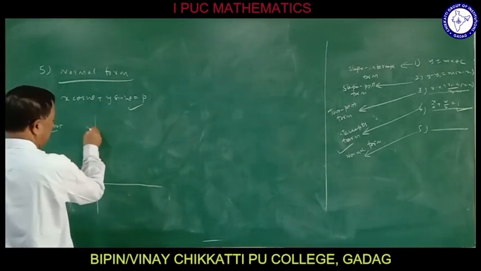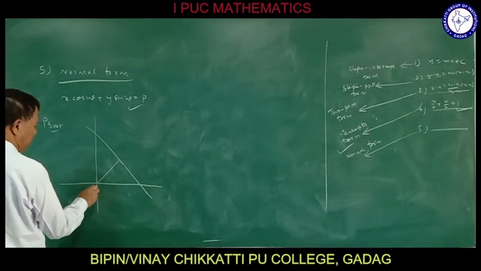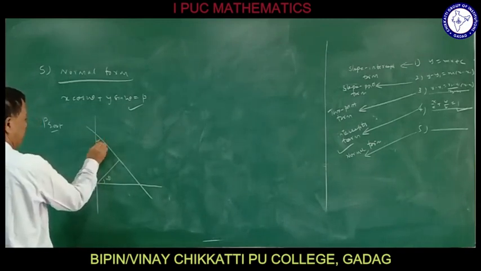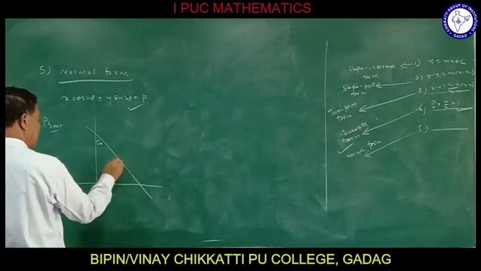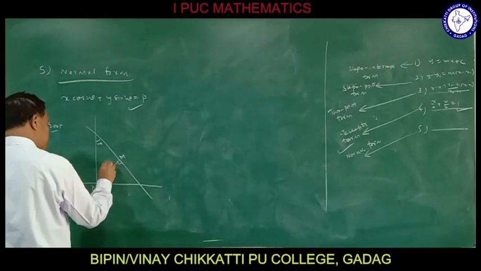Try to understand here. You have to see this, it is a perpendicular distance from the origin, and this is omega. This is also omega. Try to understand this perpendicular, and this is taken as small p.